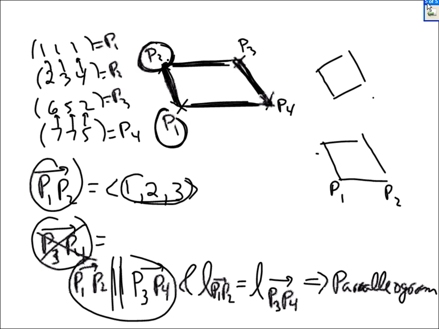Okay, so what happened was you had P2 there. So then what do you do? You have P3 and P4. Find that vector. If those are not parallel, then it failed the first time, and you do not have a parallelogram.